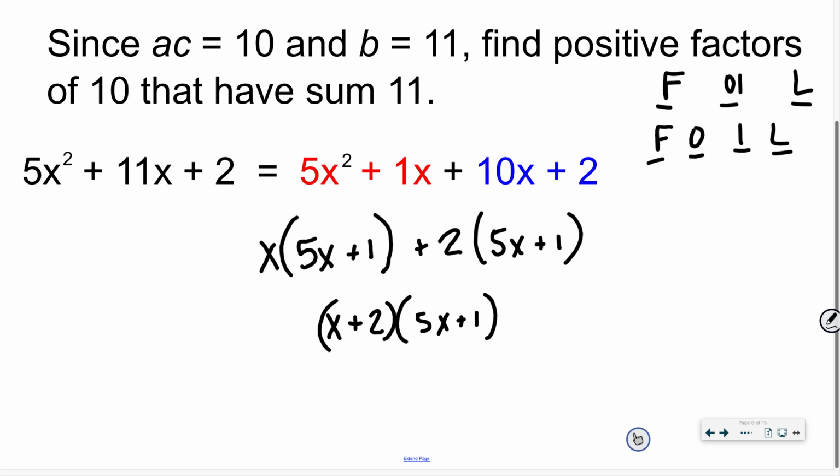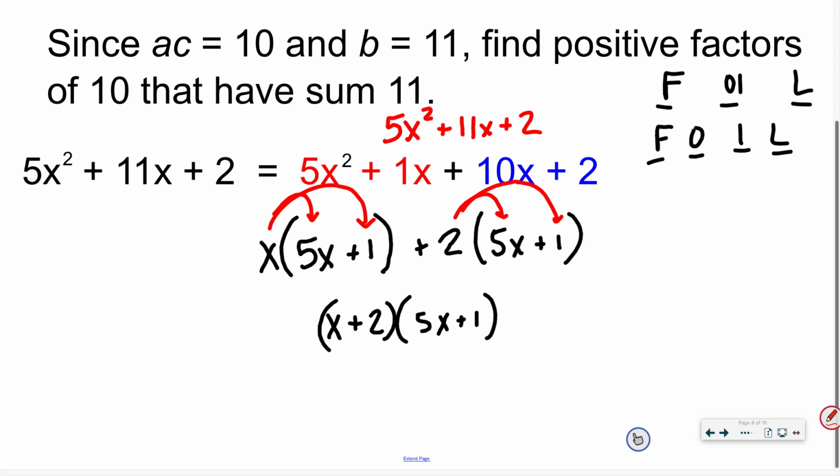So now if I actually did multiply that out, I would get 5x squared plus x, 1x, plus 10x plus 2. And then from here, I would combine all my like terms to get that. So now let's rewind it and see in reverse why we would do that.